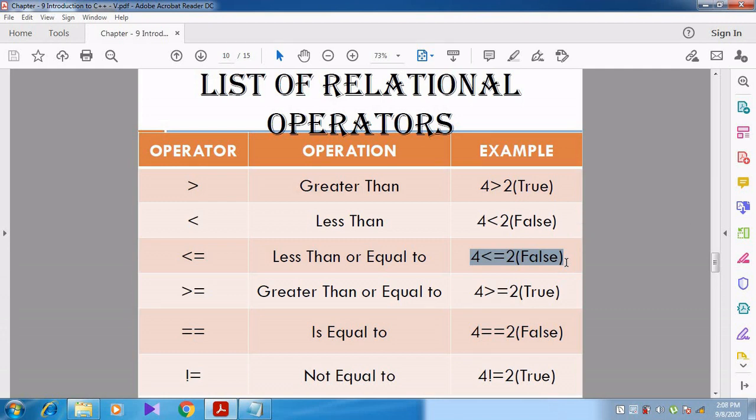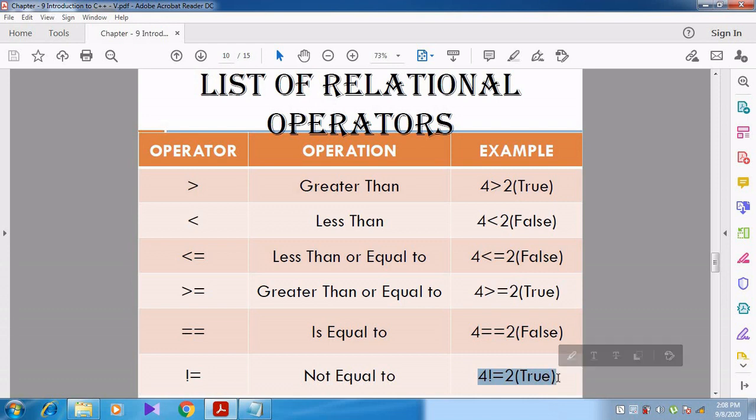4 is not equal to 2. 4 is greater than or equal to 2, true or false? 4 is greater than 2, though not equal to 2, so the condition is true. Then 4 is equal to 2? No, 4 is not equal to 2, so false. 4 is not equal to 2?